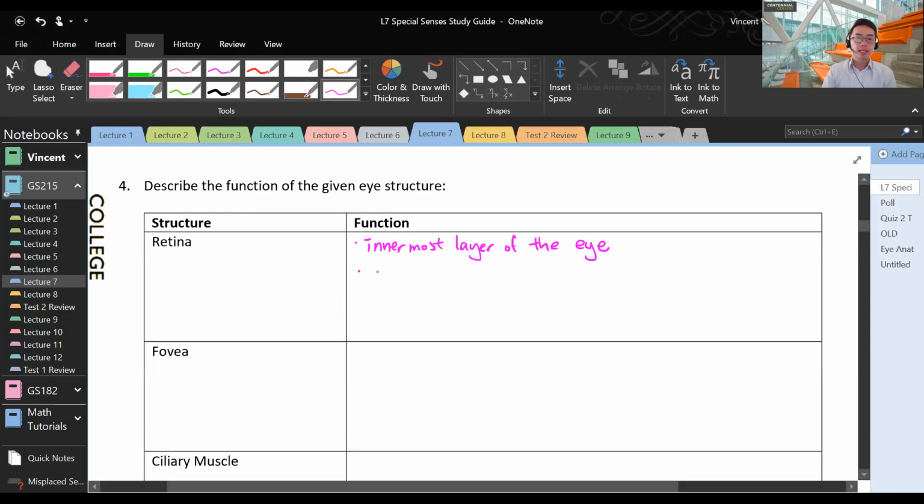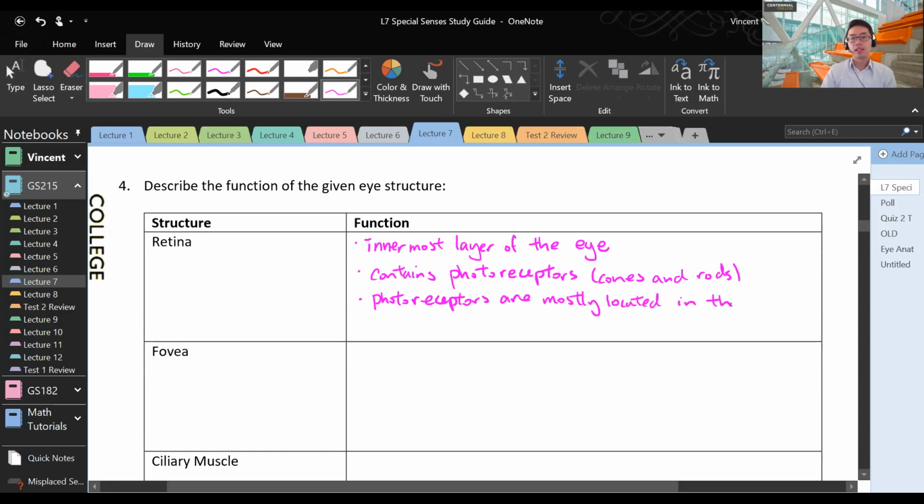Okay, so the retina contains photoreceptors. Okay, cones and rods. Okay, the photoreceptors are mostly located in the posterior half of the retina.